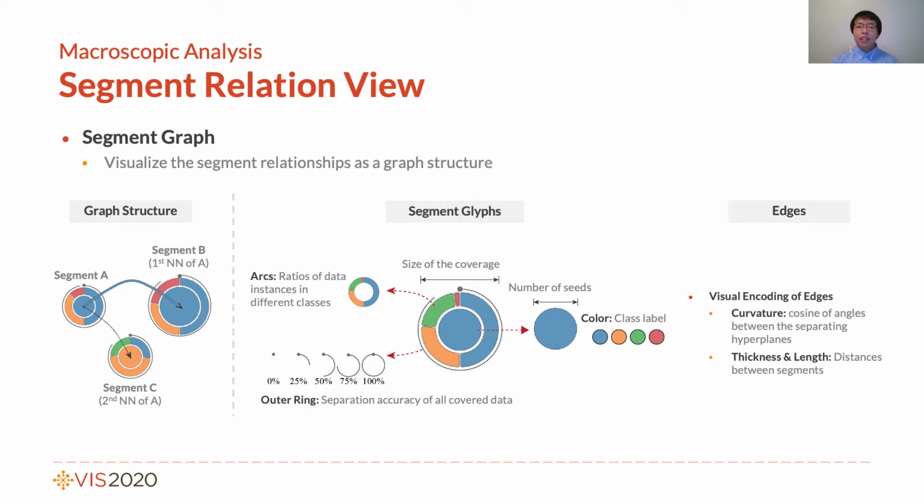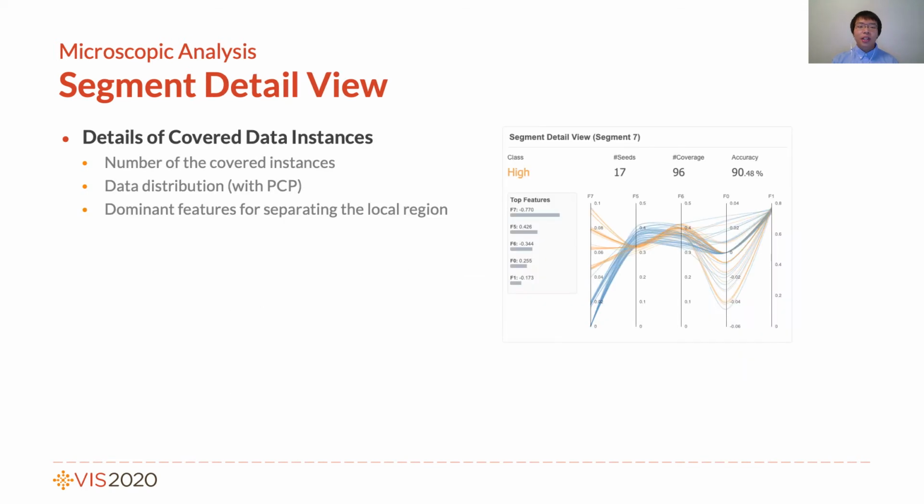The edges between segment glyphs represent whether they are the nearest neighbors of each other. Besides the encoded information on the glyphs, more detailed statistics of segments can be observed in the segment detail view, such as data distributions of covered instances and the dominant features that separate the local regions.